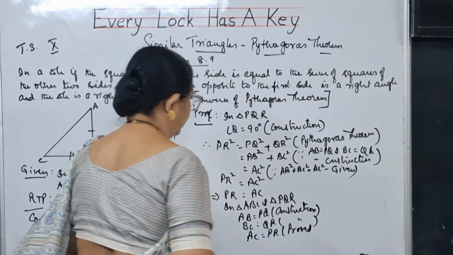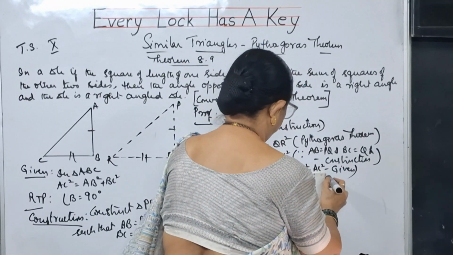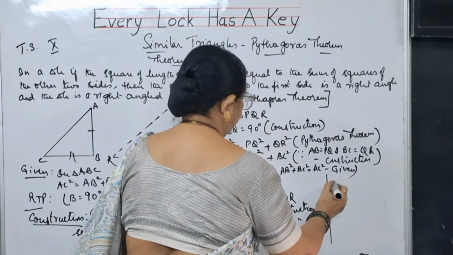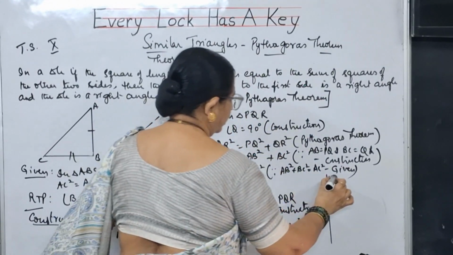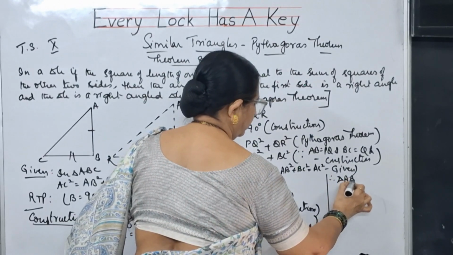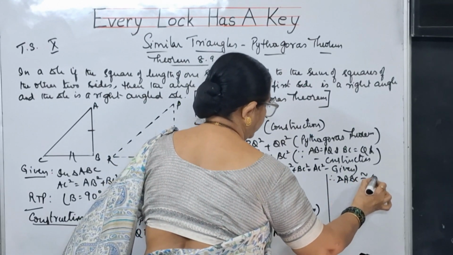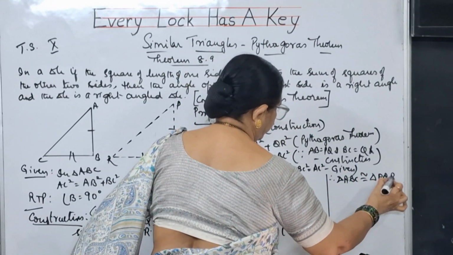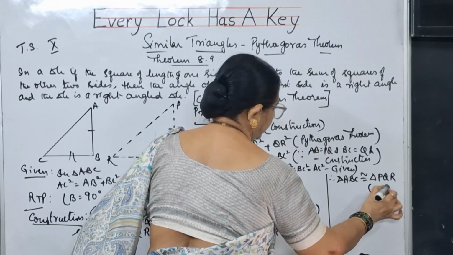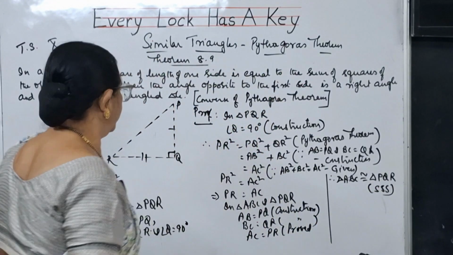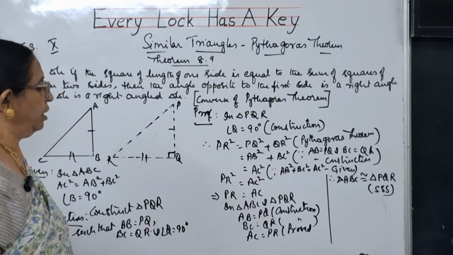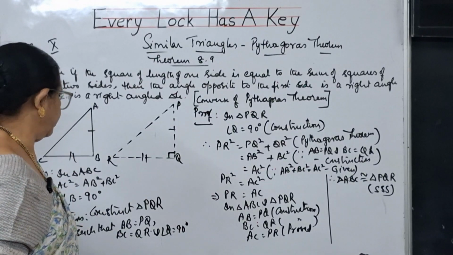Therefore, triangle ABC is congruent to triangle PQR, basing on side property. All the corresponding sides are equal, so they are congruent triangles.